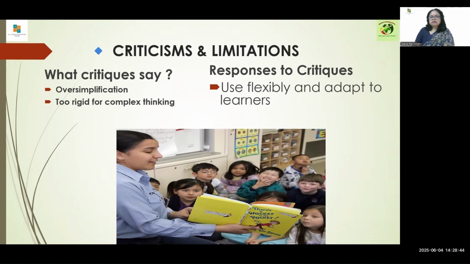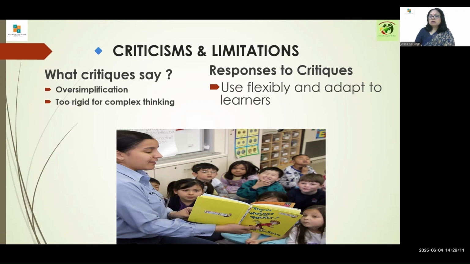Obviously we also have to discuss the criticism and limitations of Bloom's taxonomy. Critics say that it has been oversimplified and is too rigid for complex thinking. But the response to critics is to use flexibility and adapt to learners.